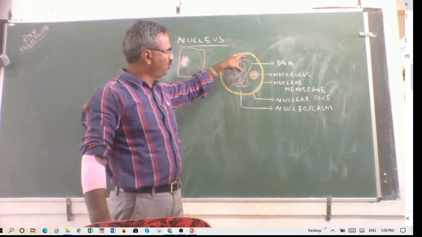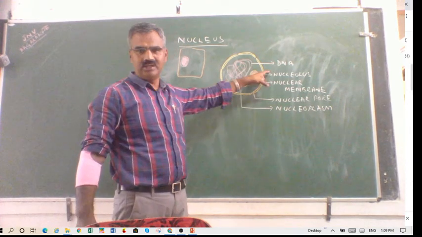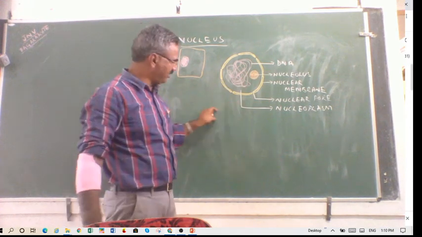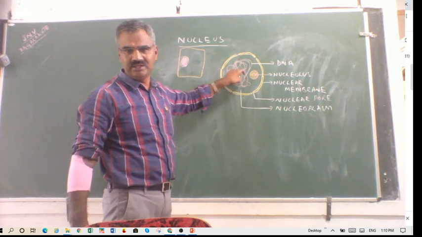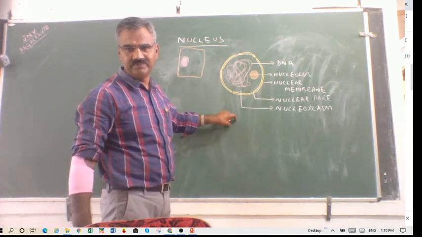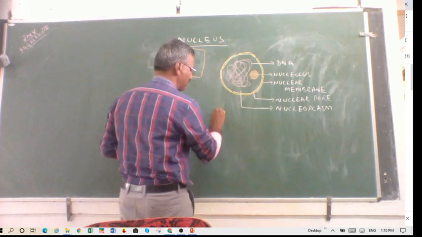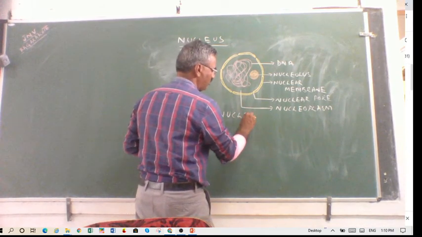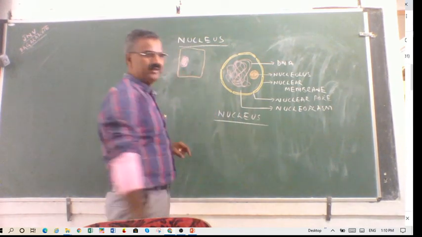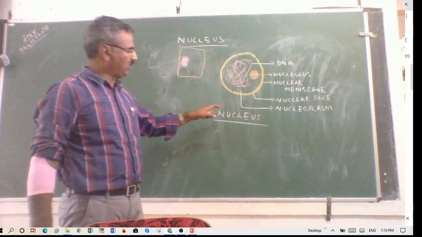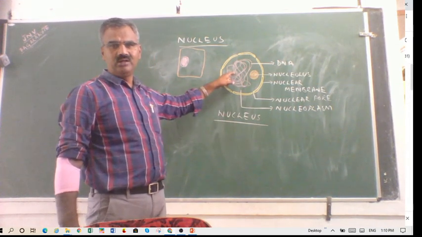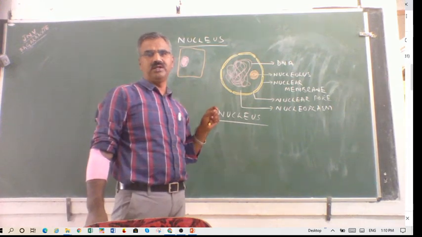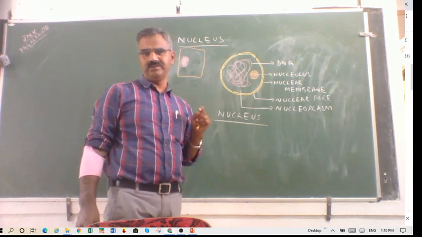And once you write all the labels properly, you should write the name of the diagram. What is the name of the diagram? Nucleus, and then underline it. Whenever you do something, you should do it systematically.